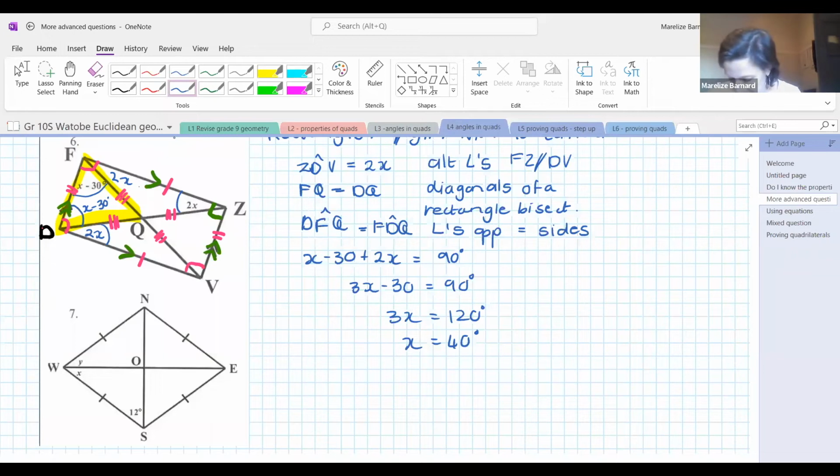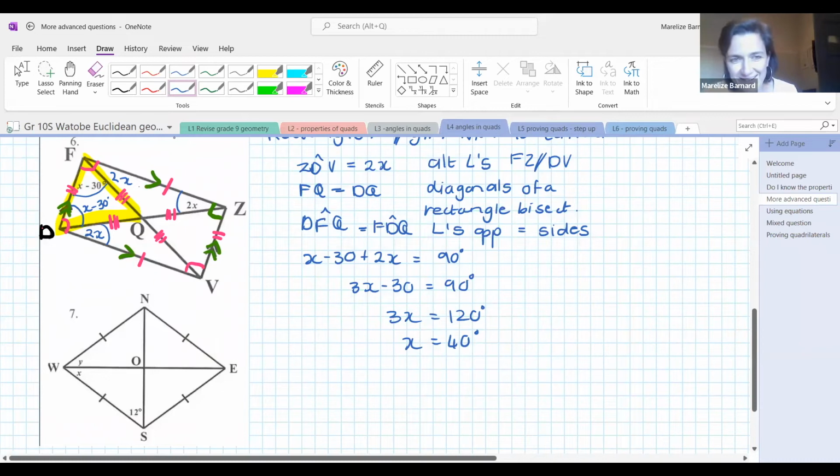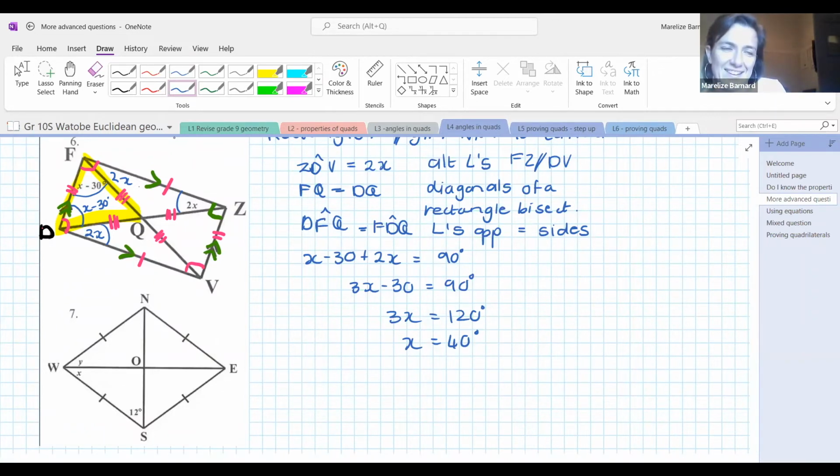Sorry, ma'am. For me, I said that x minus 30 degrees plus 2x is equal to 180 degrees, and the reason was angles on a straight line. I don't think we can do that.